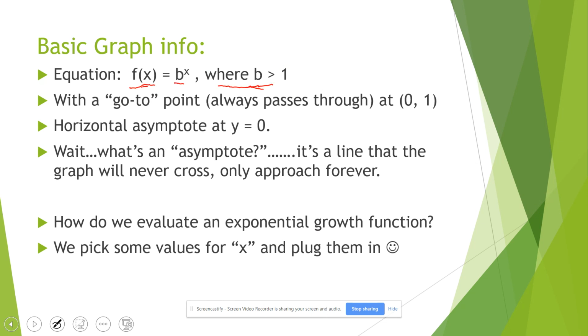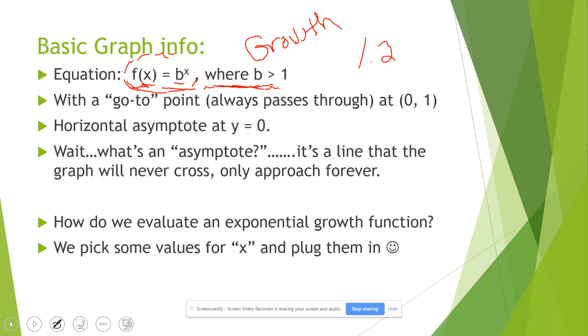Here is our equation for that graph that we just saw. B to the x power, and in this case for growth, B, our base, has to be greater than 1.